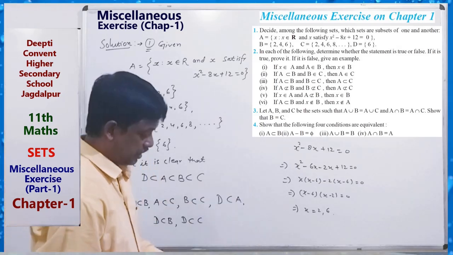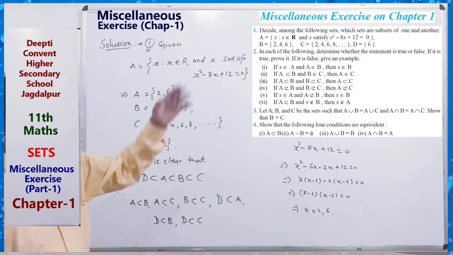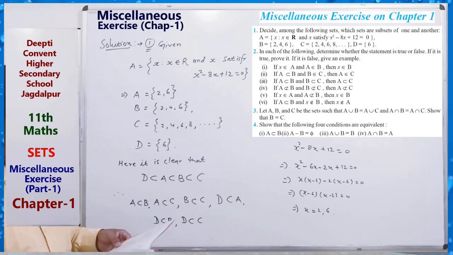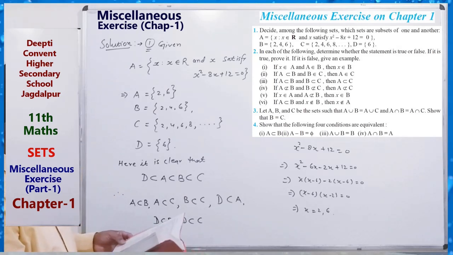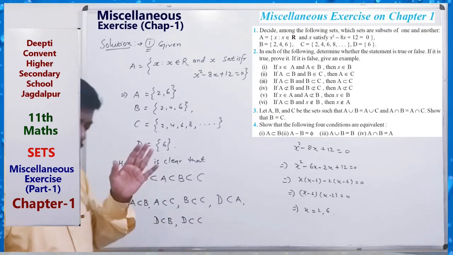Now take question second of the miscellaneous exercise. In each of the following, determine whether the statements are true or false. If true, prove it. If false, give an example.